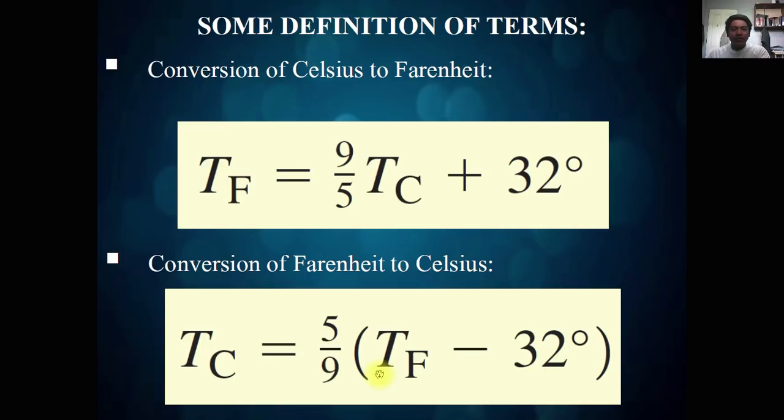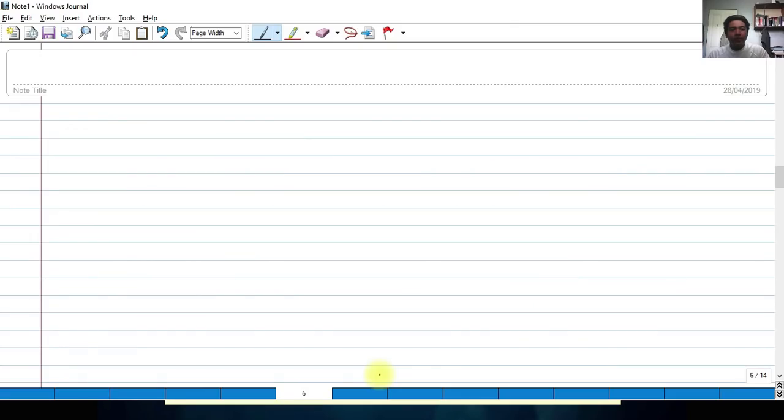But there is something that I would like to share with you: there is another scale we call the Kelvin scale, denoted by capital K, and its formula is the temperature in degrees Celsius plus 273. So what if we're going to find the temperature in Kelvin, given that our temperature is 20 degrees Celsius?